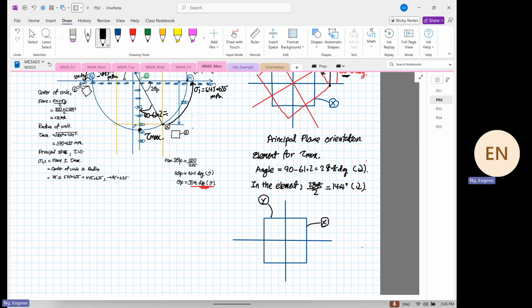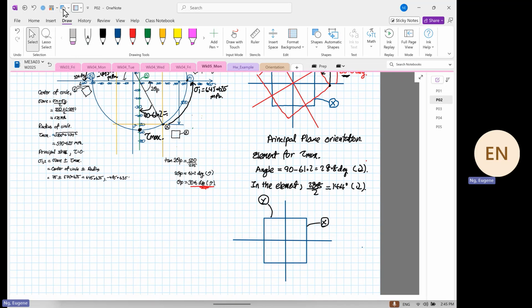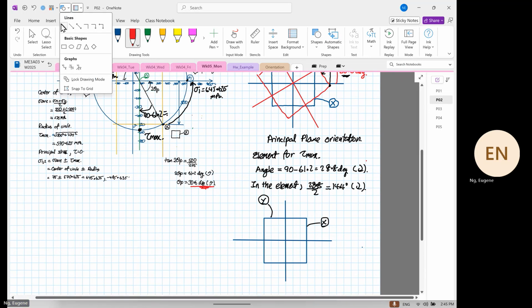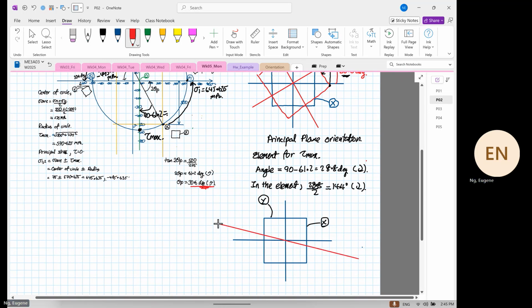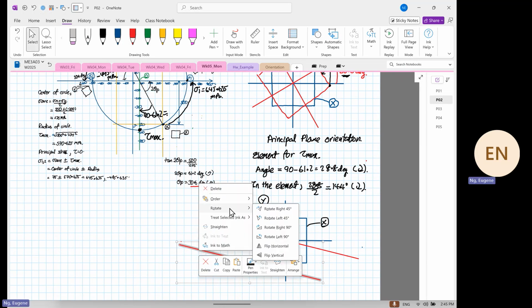We have to rotate by 14.4, in a clockwise orientation now. I'm going to use red. We're going to rotate this by 14.4 degrees, approximately. Then I'm going to flip this by 90 degrees.